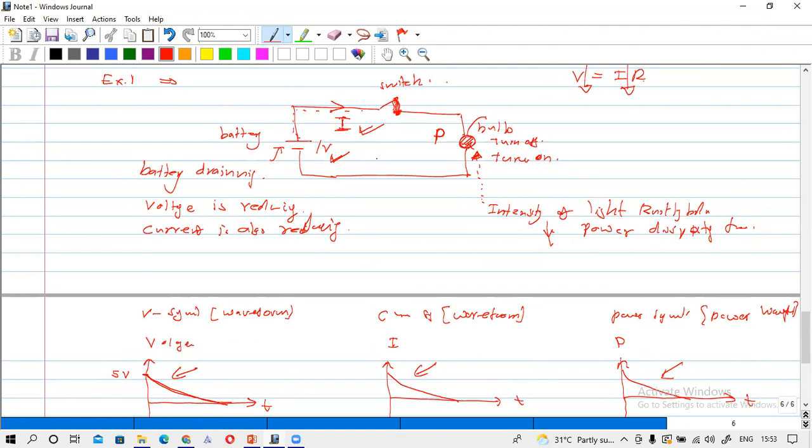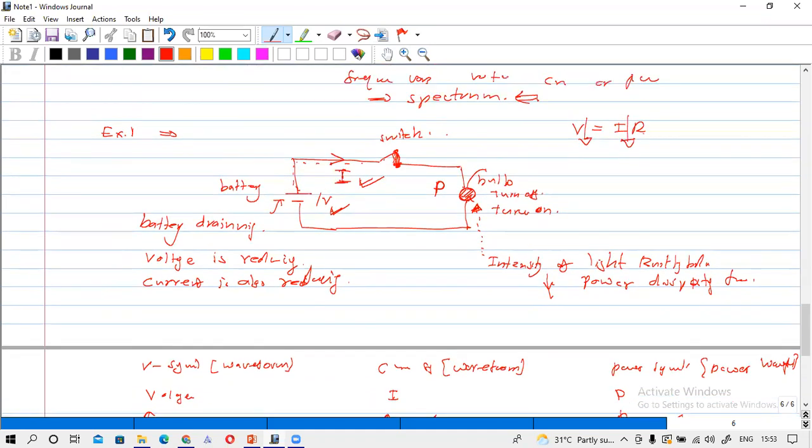So if you have any complex electronic circuit, it may be an amplifier, a filter, an analog to digital converter, or a digital to analog converter.